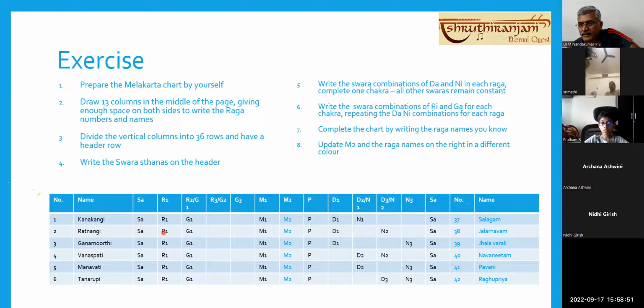Ma and Ni are not there, and this Ma and Ni is the differentiator between Harikambhoji and Kalyani. So it doesn't matter because this is absent. You can say it is born out of Harikambhoji or Shankarabharanam, or you can say it is born out of Kalyani, or you can also say it is born out of the 63rd raga Vachaspati.